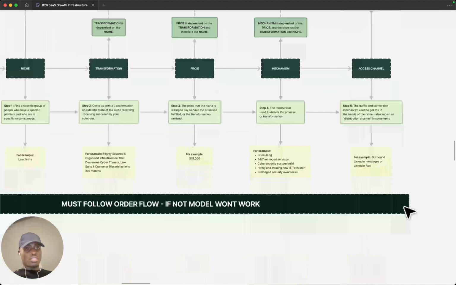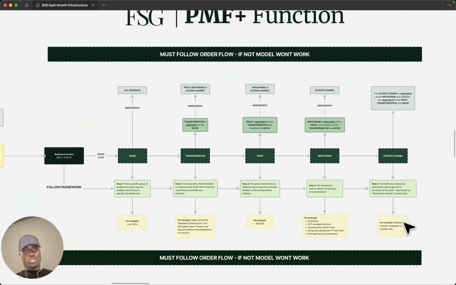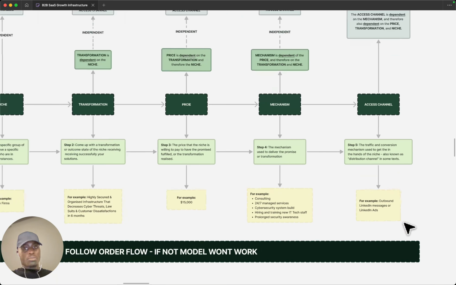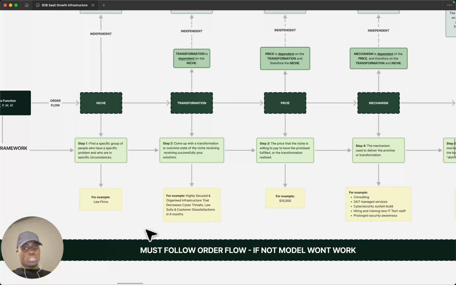So this is a must-follow framework, in order, because if you don't follow it in order, you're going to have a messed up PMF function. Let's say, for example, it's a project management tool targeted at law firms that want optimized and efficient project delivery.